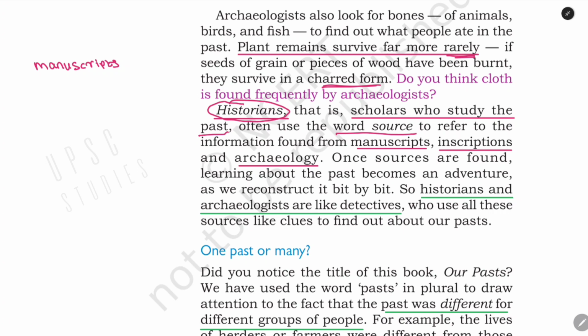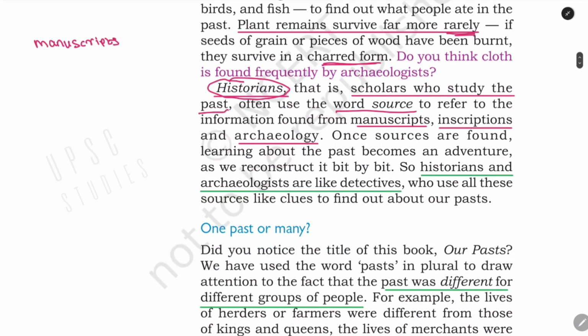These sources are used by the historian to find out about our past. They study these sources. So maybe we can call them detectives, because they are finding out what the past was. The historians and archaeologists are like detectives.